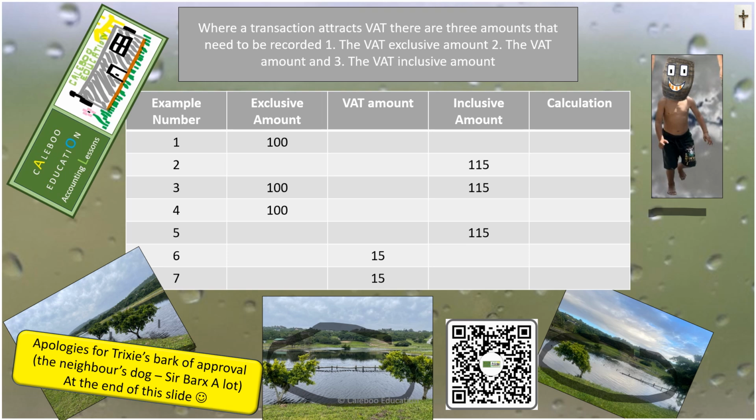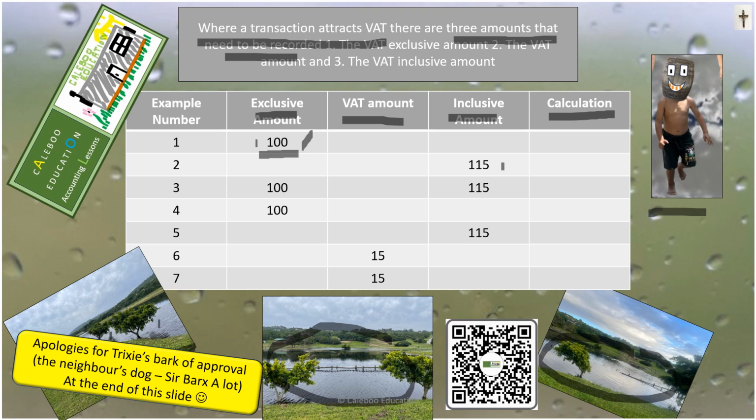I'm going to carry on with some calculations, and if you look here, where a transaction attracts VAT, there are three amounts that need to be recorded. The exclusive amount, that is excluding VAT, the VAT amount, and the inclusive amount, and I will show you how to do calculations. What's been given in this table, you've been given certain numbers, and I'm going to use 100 as my example.